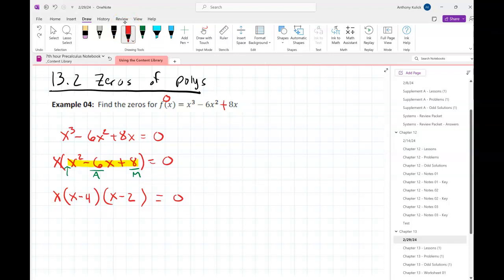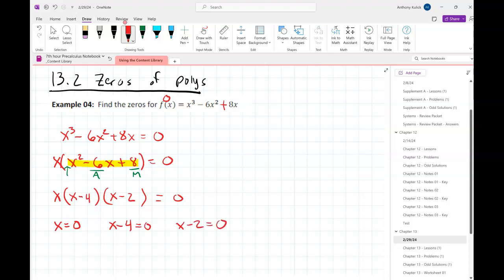Now what I'm going to do is use the zero product property. What the zero product property says, if you have a bunch of stuff that's multiplied together and that stuff equals 0, at least one of those things has to be 0. So applying the zero product property, we can set each of these factors equal to 0.